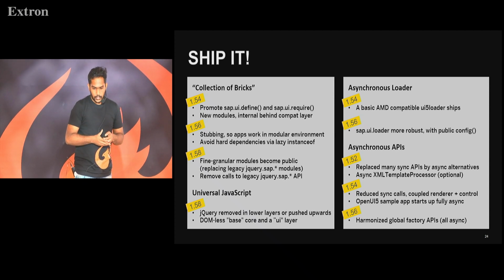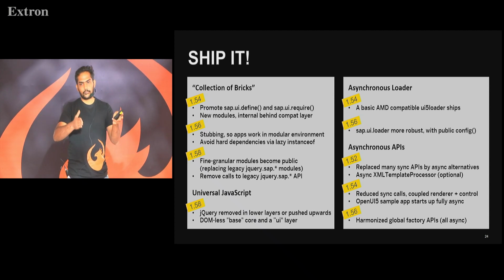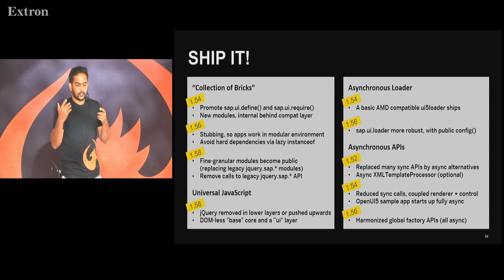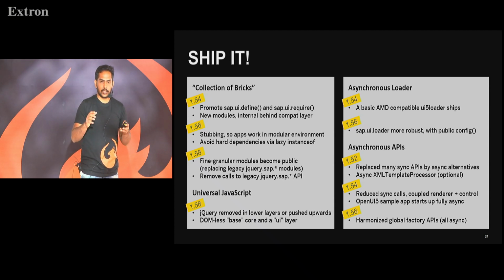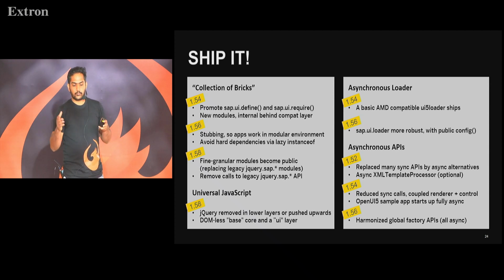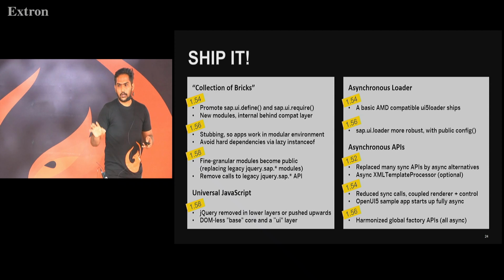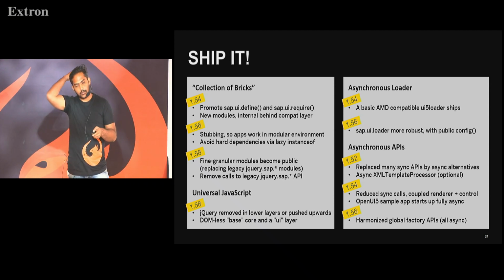And in 1.58, there were again more fine-granular modules, and we suggest you to just replace the jQuery.sap namespace with these modules, and these modules became public, and we removed all the calls to jQuery.sap APIs, I mean namespaces.